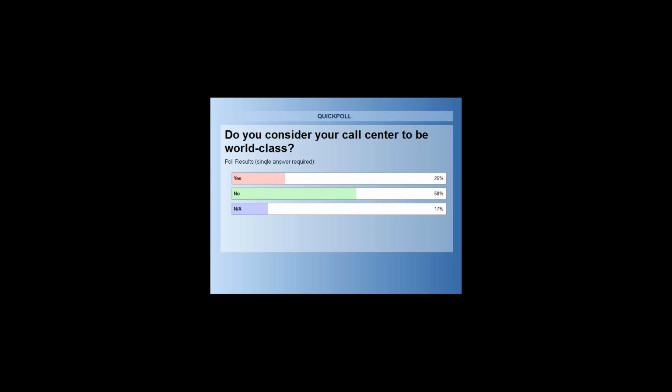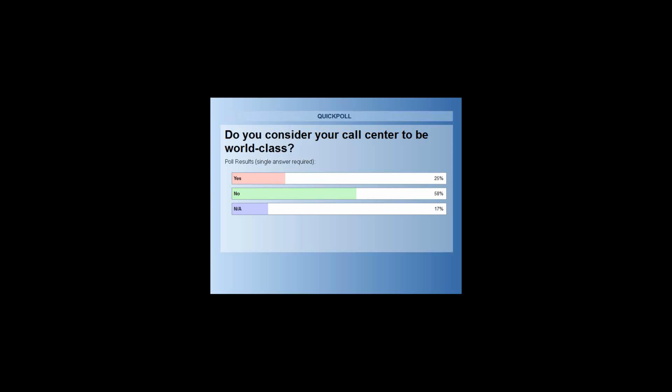I would say that that result is fairly consistent with what we've seen in recent webcasts. Roughly 1/4 to 1/3 of call centers do consider themselves to be world-class once we present them with this definition. The other 60% to 2/3 do not consider themselves to be world-class. So this is a fairly consistent definition.